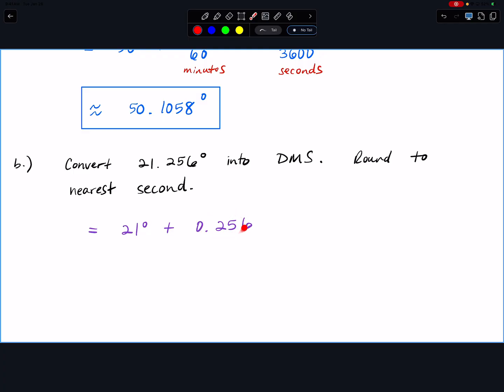So how many minutes are there in 1 hour? 60. So the first thing you're gonna do is take this number and multiply it by 60. So the 21 stays as 21 for now, plus this part of the answer times 60 minutes.